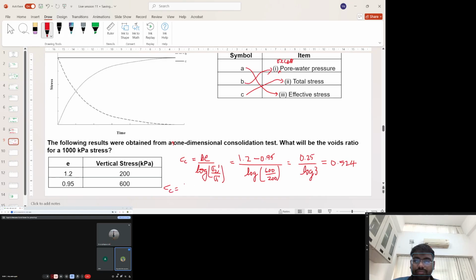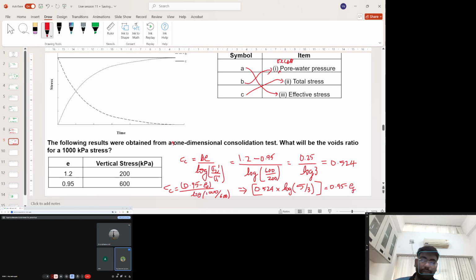Delta e varies from 0.95 minus e final divided by log of 1000 by 600, which comes to 0.524 into log of 5 by 3, equal to 0.95 minus ef.